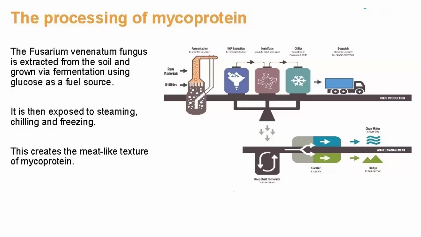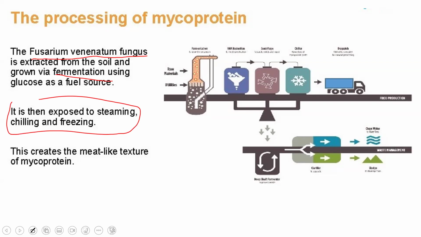And what mycoprotein is, it's usually Fusarium fungus. Okay, and literally what they do is they brew it a bit like beer. So they ferment it with glucose, and then they'll do certain processes. They'll steam it, chill it, and freeze it, right? And those different processes then give it its meat-like texture.